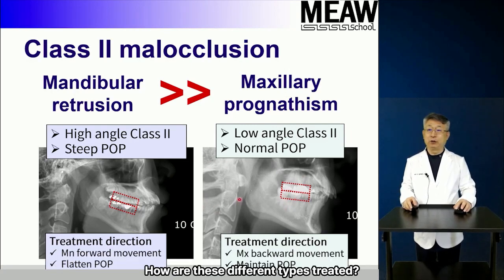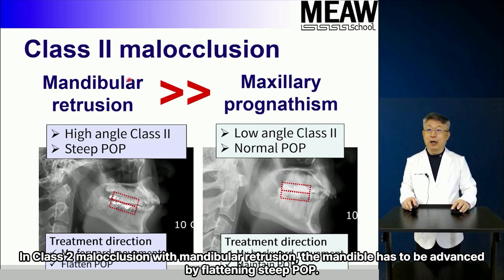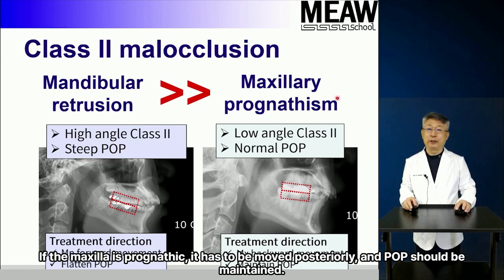How are these different types treated? In Class 2 malocclusion with mandibular retrusion, the mandible has to be advanced by flattening the steep POP. If the maxilla is prognathic, it has to be moved posteriorly, and POP should be maintained.